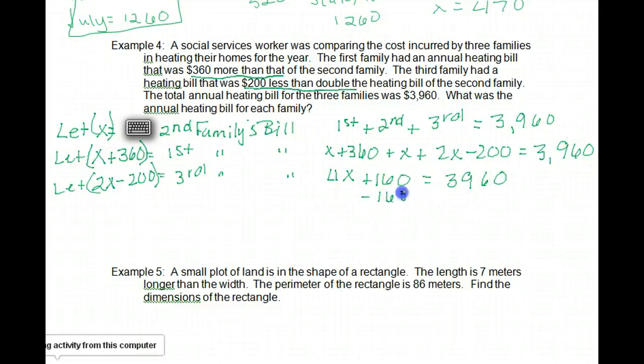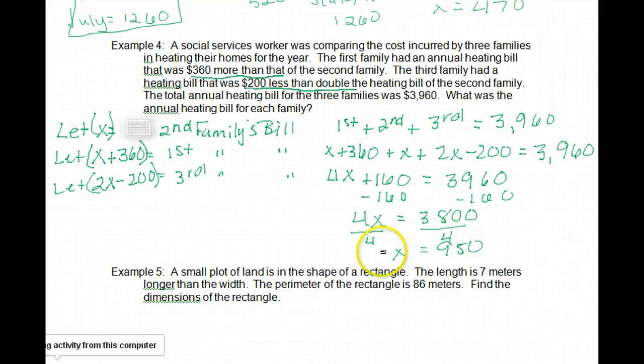We have to subtract 160 from both sides. 4x equals 3,800. Divide by 4, and x equals 950. Now keep in mind that x represented the heating bill for the second family.